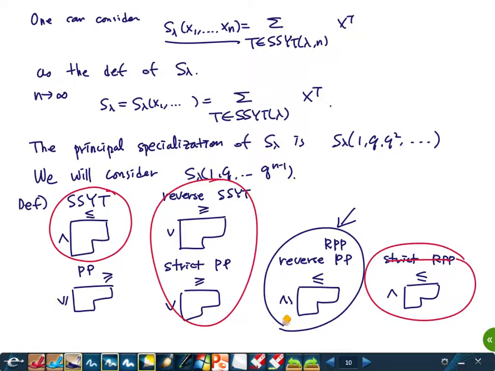But at the end, we will consider plane partitions for the box inside the box. Is this clear? All right. Because we already know this, we just need to consider this, and reverse semi-standard Young tableaux. We will consider these things.